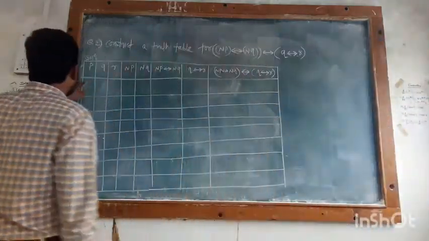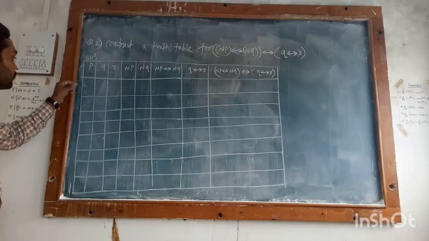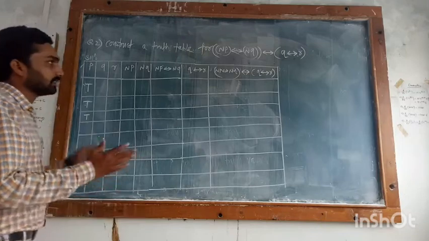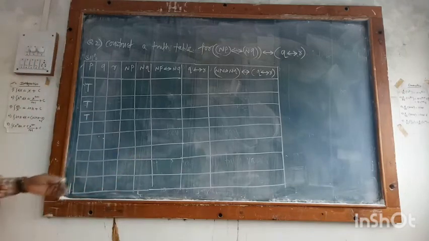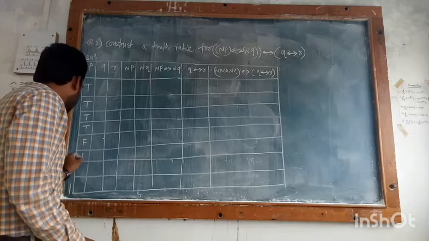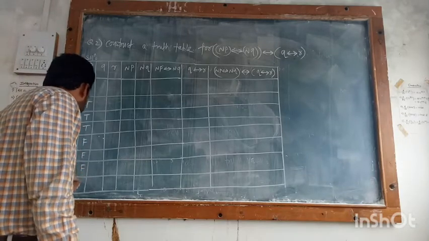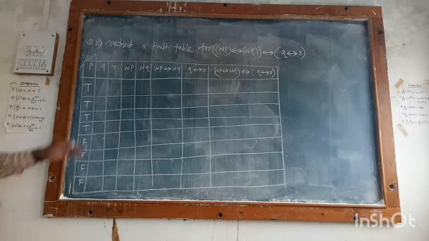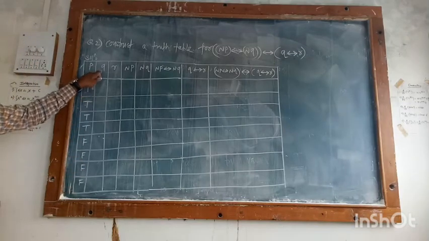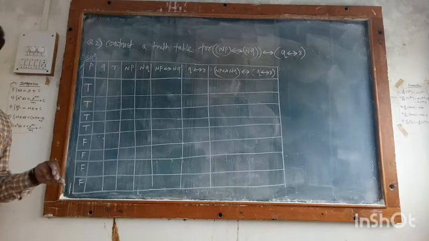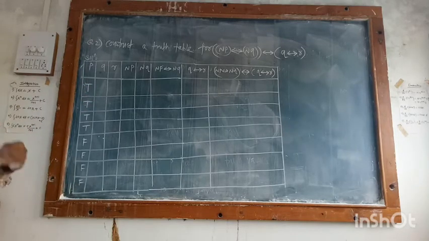So for your first proposition P, we have to take the first 4 values, that is half of 8, which is 4. So the first 4 values are T and the last 4 values are F. Next, for your second proposition, we take half of 4, which is 2.